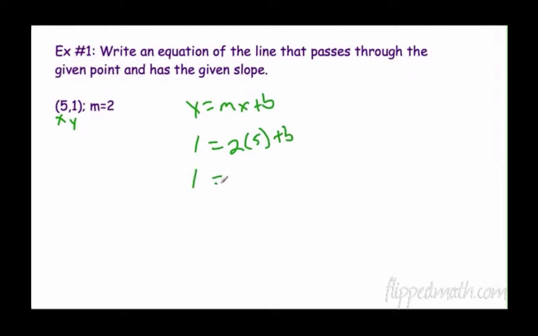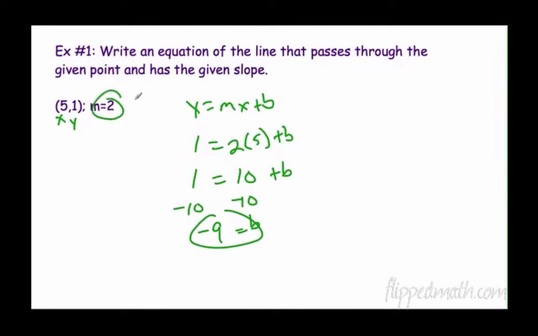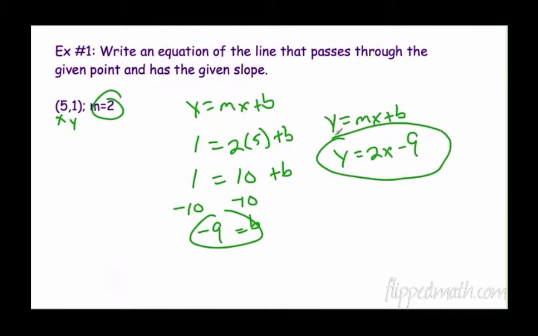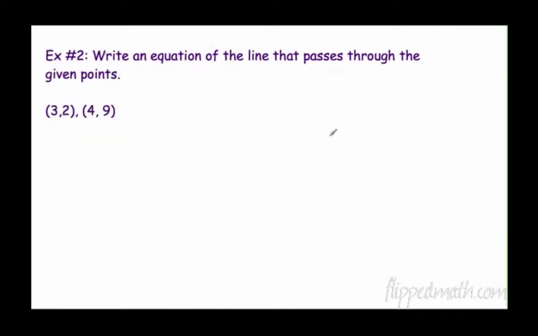Now we solve it. 1 equals 2 times 5, which is 10, plus b. Subtract 10 from both sides, and b equals negative 9. I have a b, I have an m. Plug them back into y equals mx plus b: y equals 2x minus 9. There you have it. All right, let's try another one.